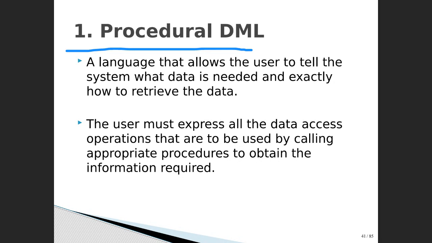It will tell the system what data is needed and how it will be retrieved. So this is the procedural. All data access operations must be expressed by the user, all the procedures must be described.